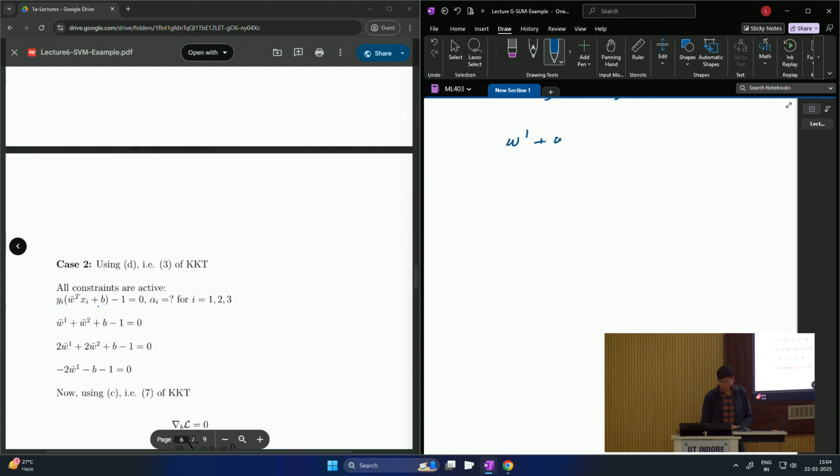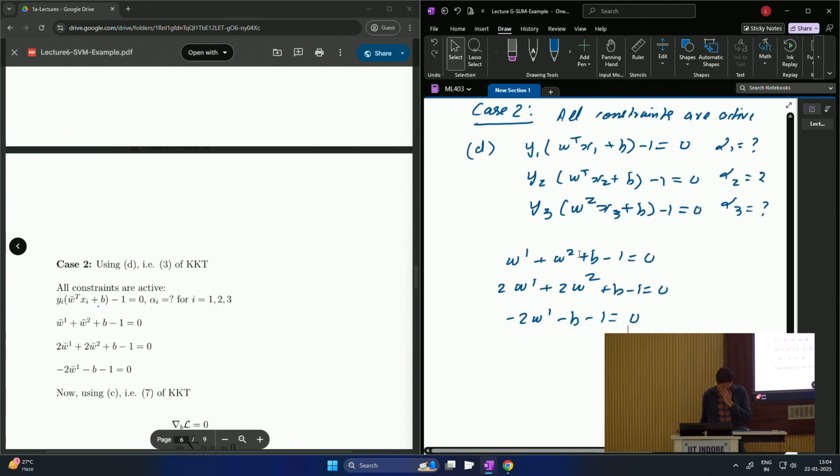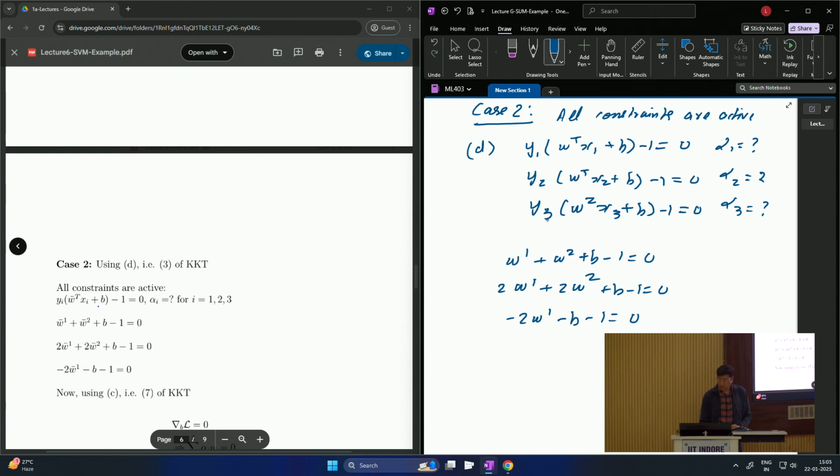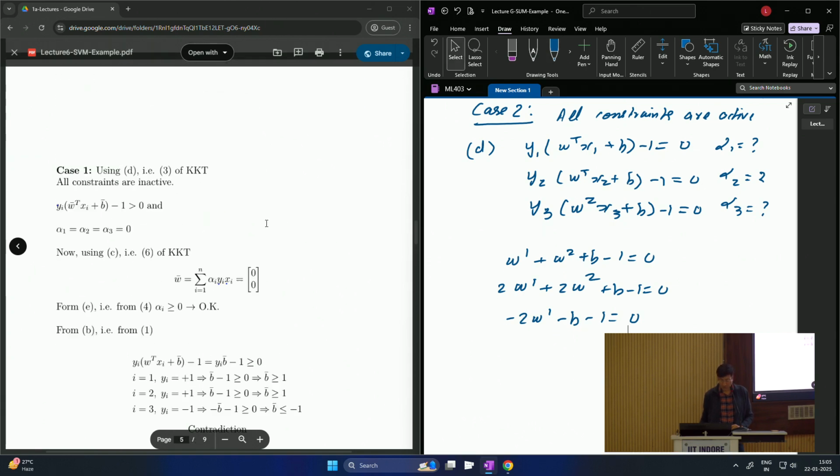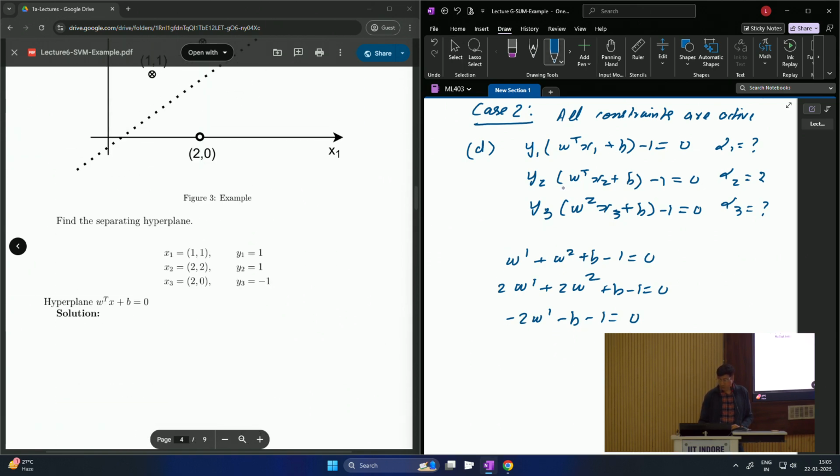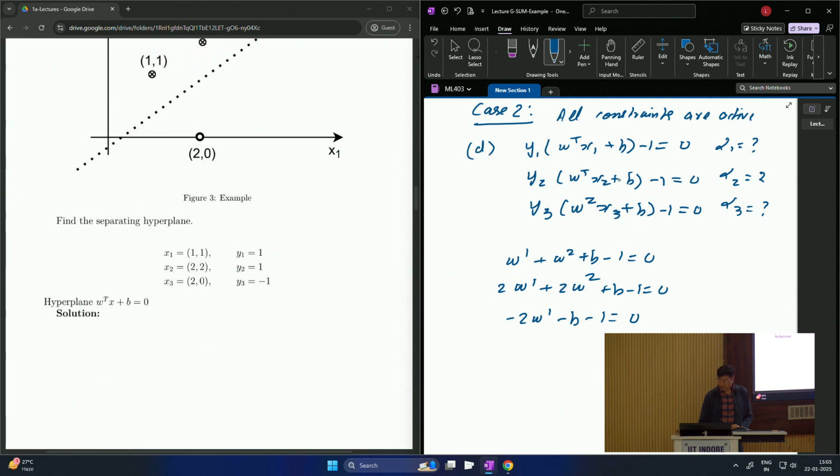So you'll say w1 plus w2 plus b minus 1 equal to 0, 2w1 plus 2w2 plus b minus 1 equal to 0, minus w1 minus b minus 1 equal to 0. This is what we get after substituting y1, y2 as 1, y3 as minus 1, and x1 which is given to be 1 comma 1, so you get w1 plus w2 plus b minus 1 equal to 0. x2 was 2 comma 2, so you get twice w1 plus twice w2 plus b minus 1.